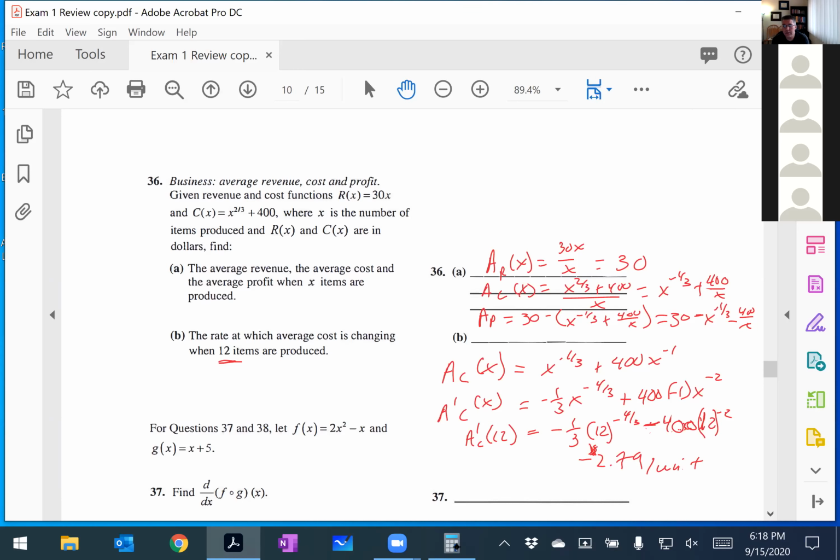Others that you'd like to see done? Professor, could we do 21 and 22 in chapter 1? And Darlene said 40 in chapter 1. Let's do that. 21 and 22, and 41.